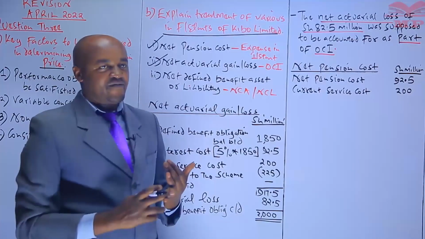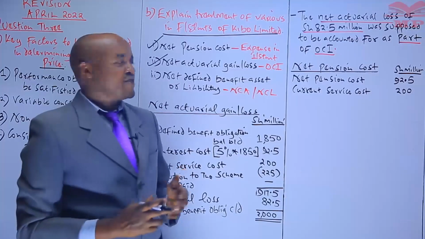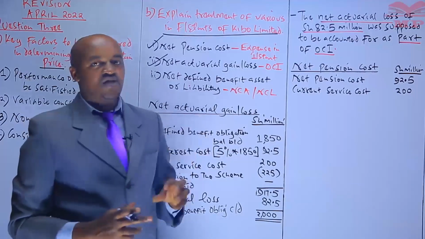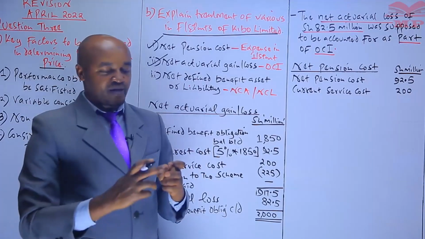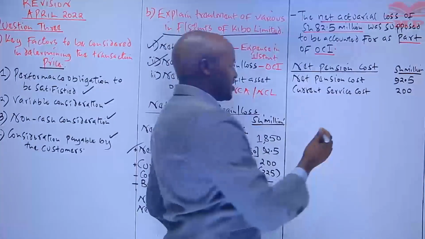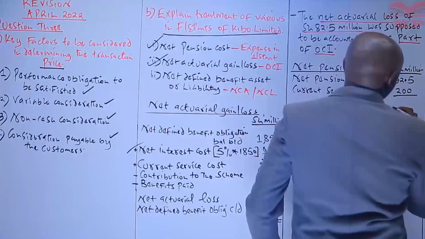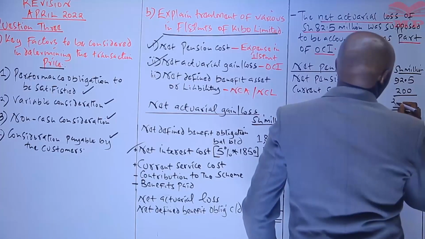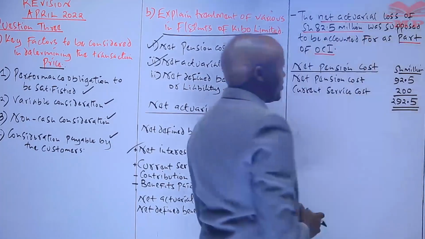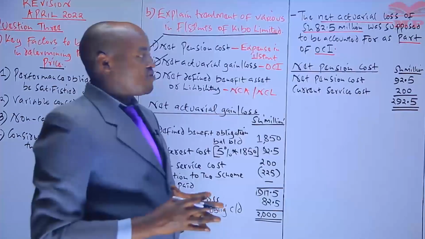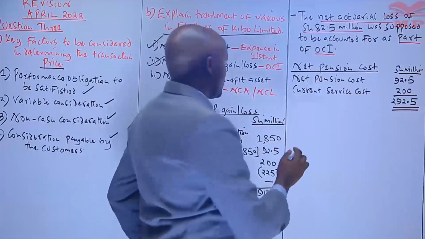I've said we don't have the past service cost, and that the net pension cost takes into account the two items, interest cost and the expected return on plan asset. So therefore, the net amount here, which is 292.5, this was supposed to be accounted for as an expense in the income statement.